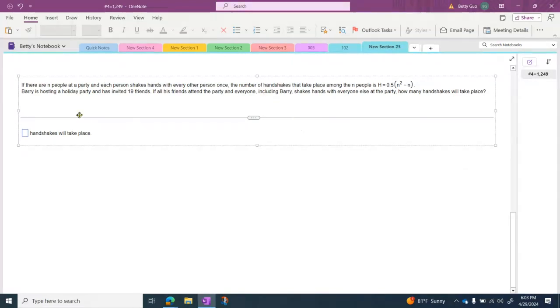This problem: if there are n people at a party and each person shakes hands with every other person once, the number of handshakes that take place among the n people is h equals 0.5 times parentheses n squared minus n.